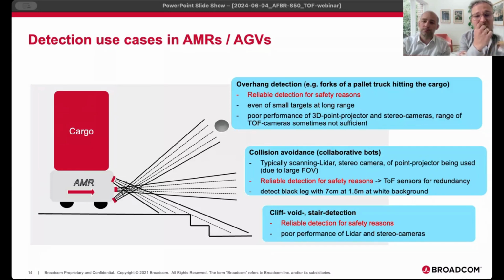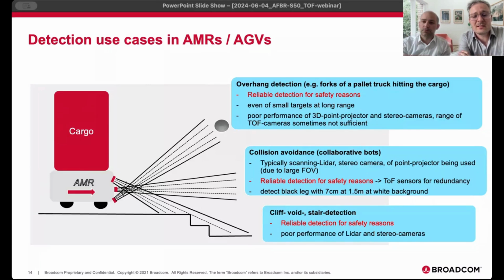This requires, as can be seen here in all three use cases, a reliable detection for safety reasons. It also requires, coming back to the overhang detection, the detection of small targets.